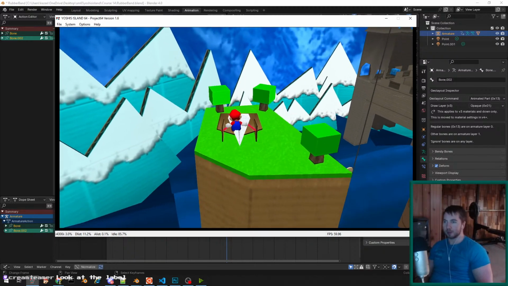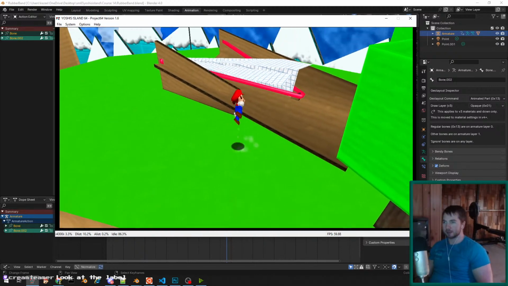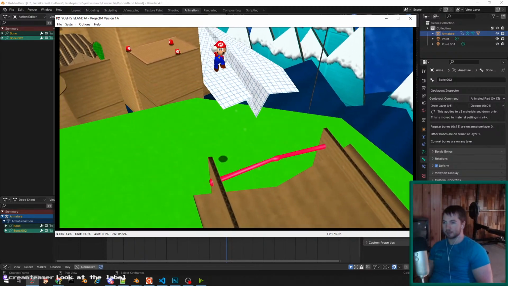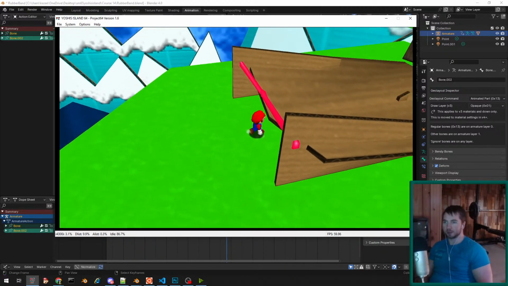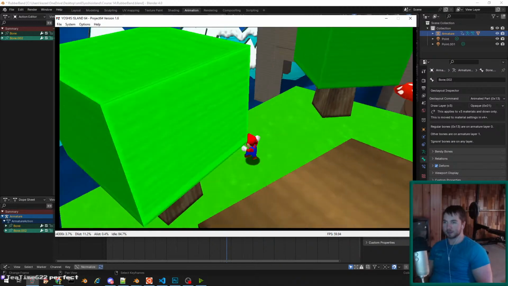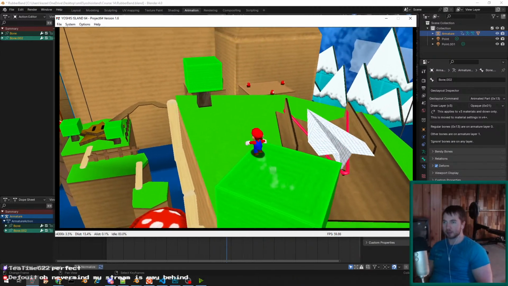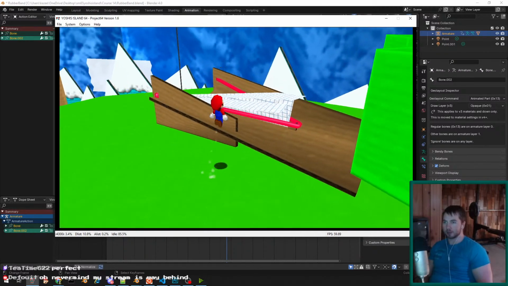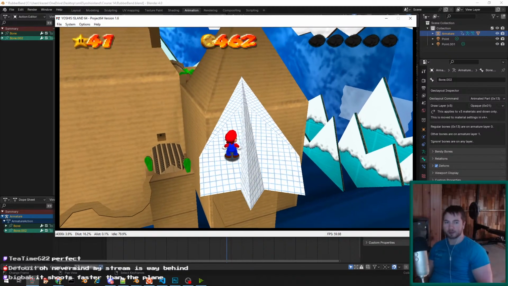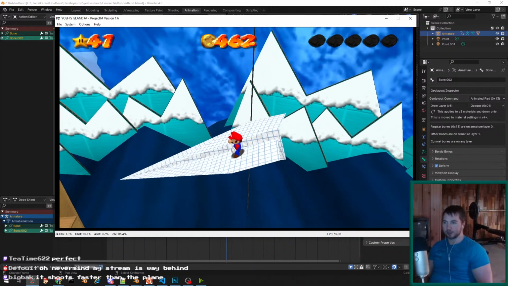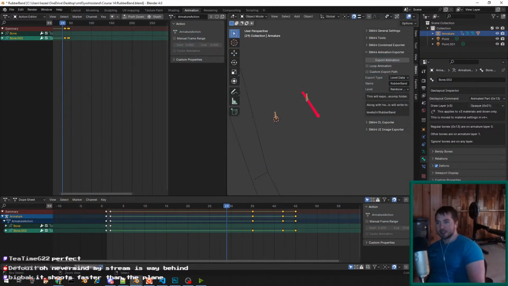Alright, what do you think of my rubber band? I like it. It looks very smooth. We're gonna put a Yoshi doodle here and he's gonna tell you something. I don't know what he's gonna do. Whee! It's faster than the plane. Yeah. Fine.